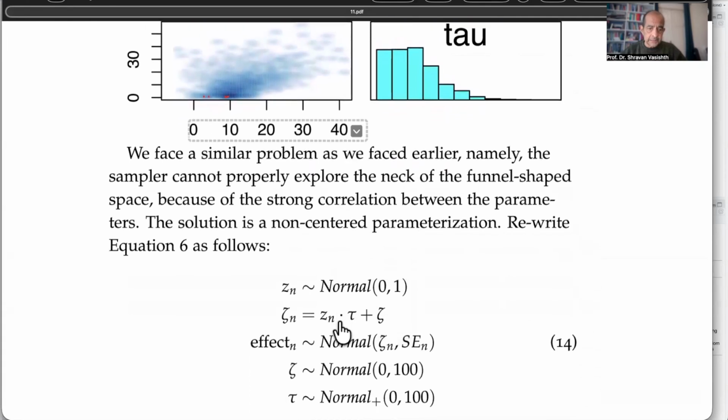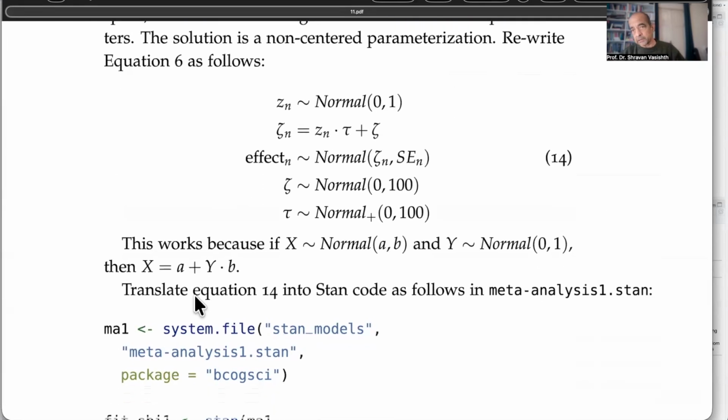So easy solution: non-centered parameterization. We first sample from a standard normal, that's z sub n, and use the standard normal to get back the zeta sub n's by adding zeta to the product of z sub n posteriors times tau posteriors, right? So that's how we get to the zeta sub n's now. That's the non-centered parameterization that I discussed earlier, okay?